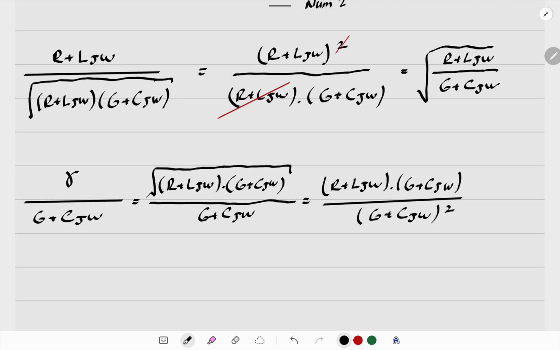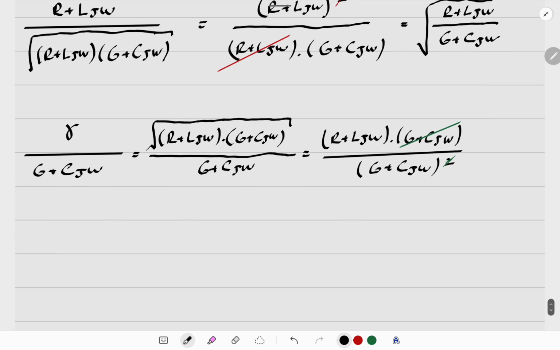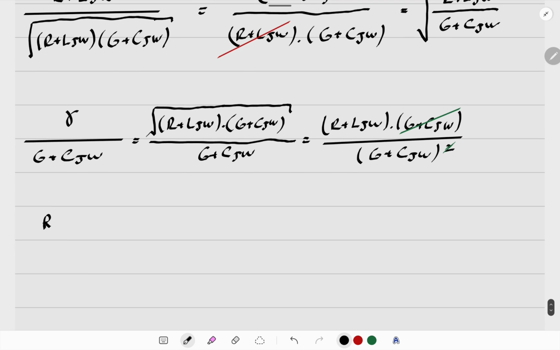Right. And we can get rid of this one and this one, and we end up with r plus lj omega divided by g plus cj omega. But we took the square of it, so we have to undo this square by using the square root.